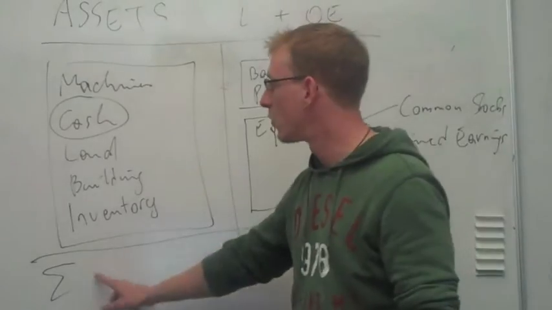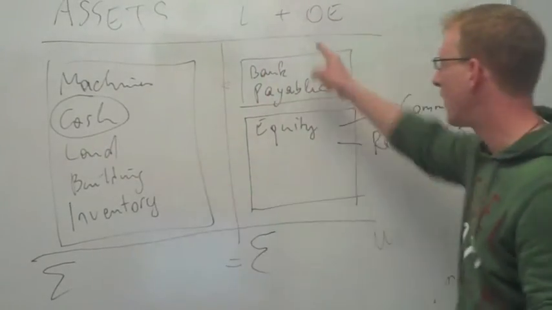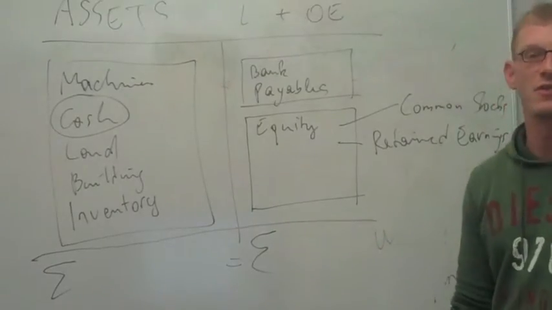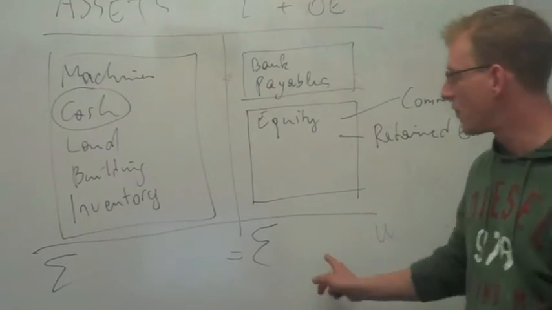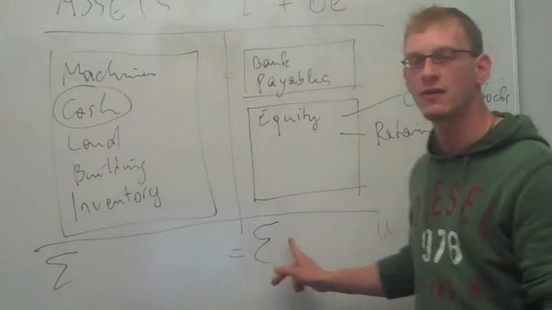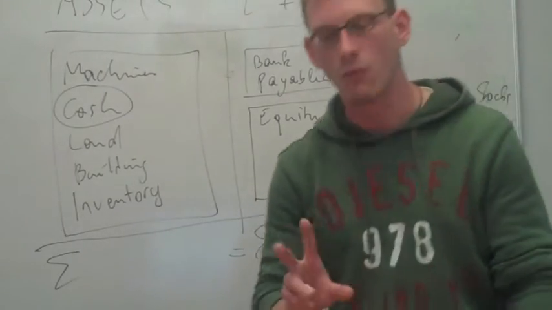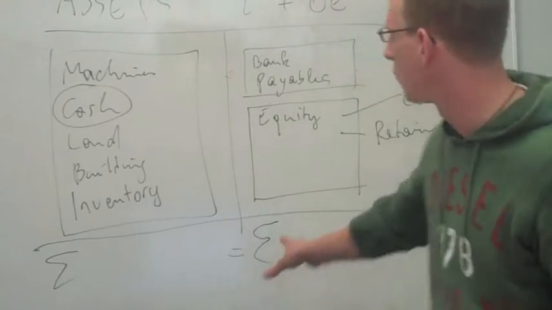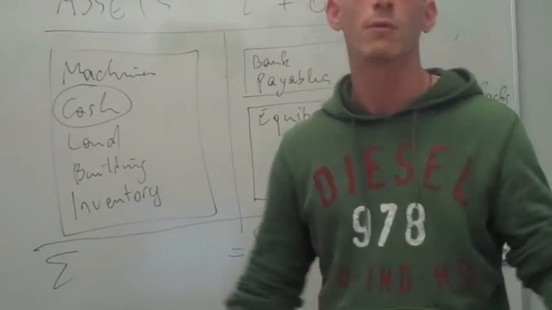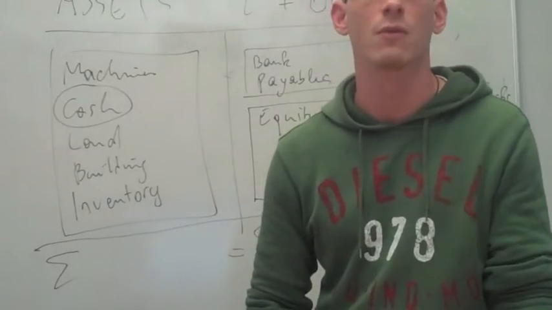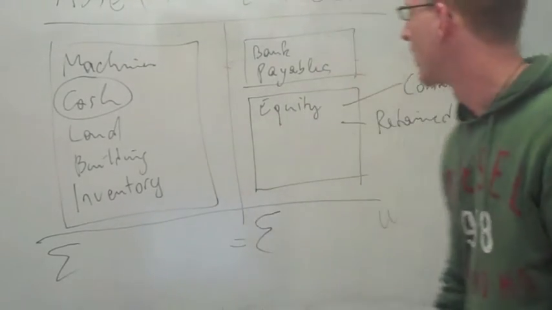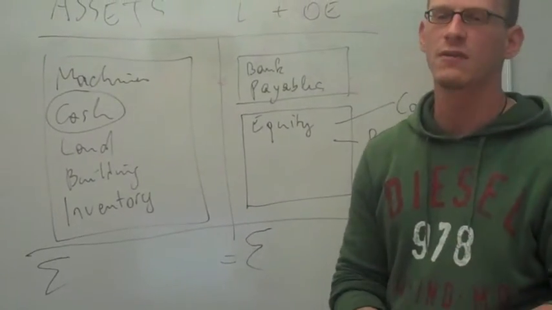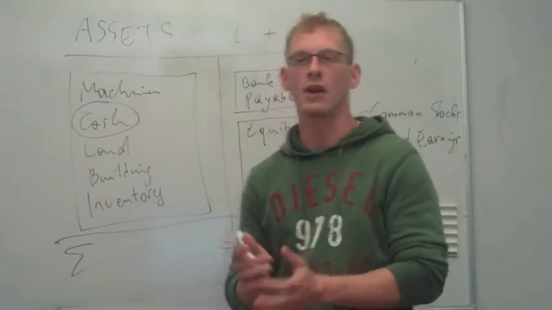The balance sheet total of the asset side always has to match the balance sheet total of the liabilities and owner's equity side. If you find a difference, you know that one of two things is happening: either some sort of fraud, which in my opinion would be the exception, or more likely some sort of accounting mistake. And that is what I will tell you next, the so-called accounting equation.